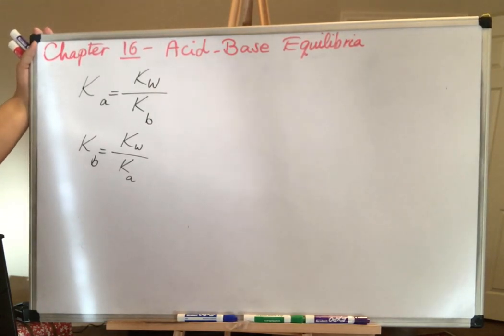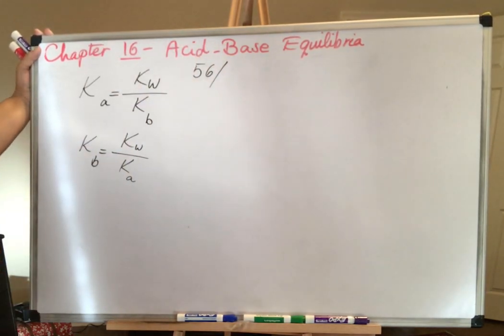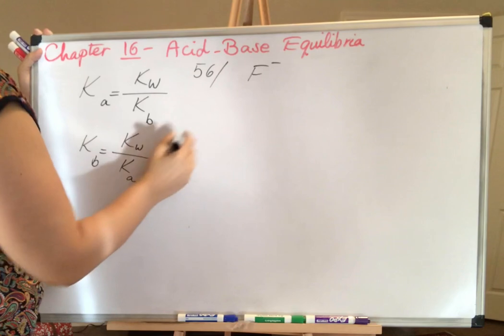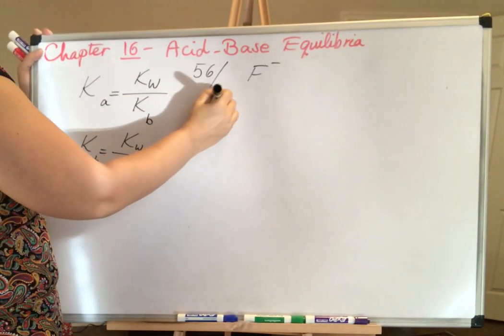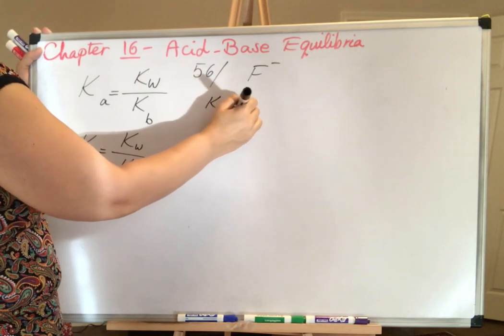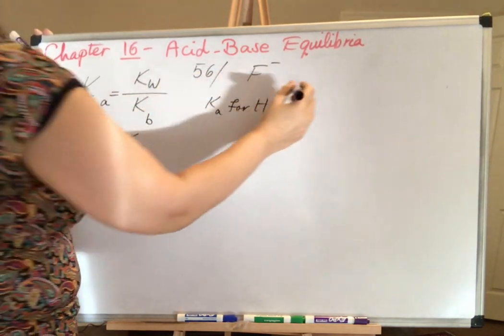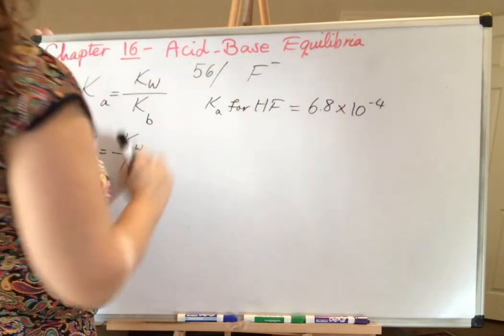The example is on slide number 56. What is Kb for the fluoride ion when you have Ka for HF, which is 6.8 times 10 to negative 4?